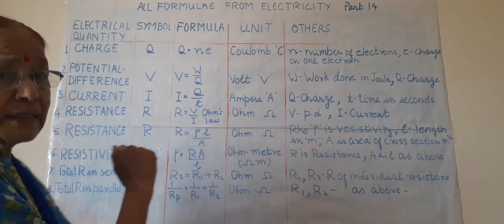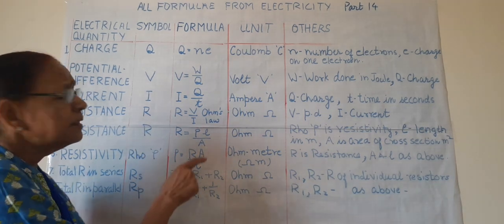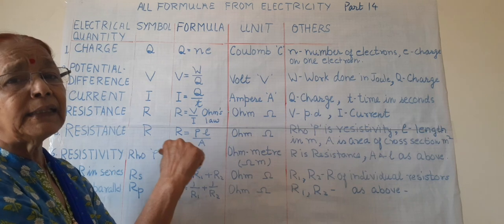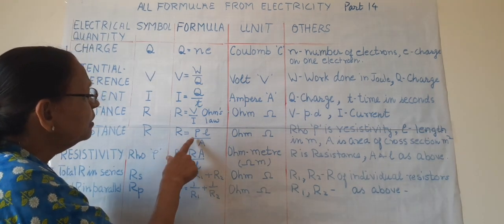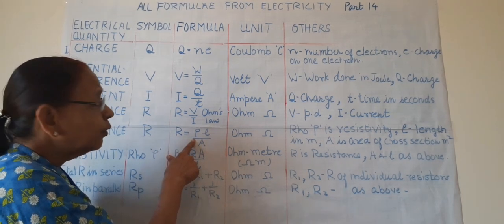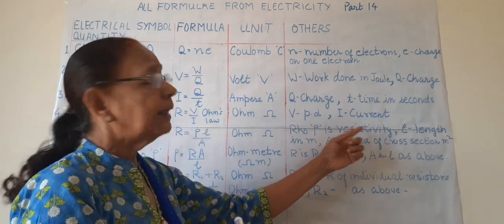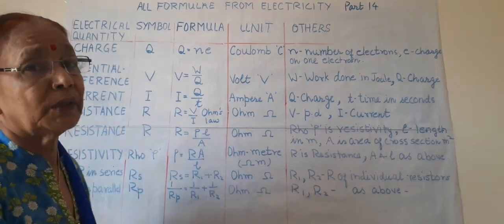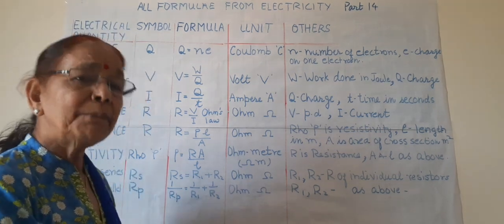The next is resistance again, R, and this resistance is dependent upon the length and area of cross section of the wire, and the formula is rho L by A. This is the Greek letter rho, and rho is resistivity, which depends on the material of the conductor and also on temperature.